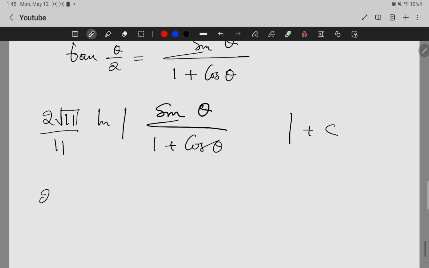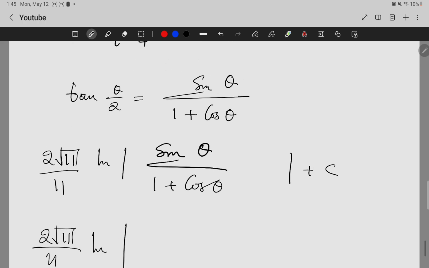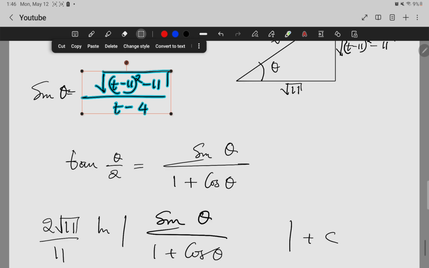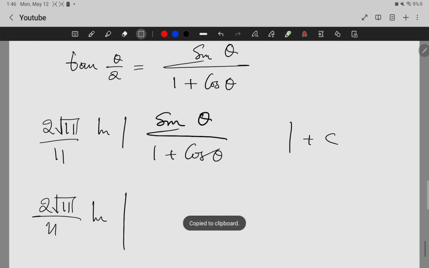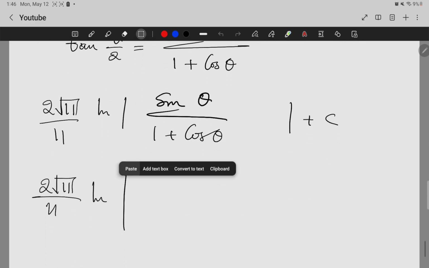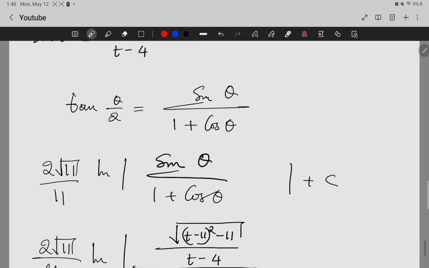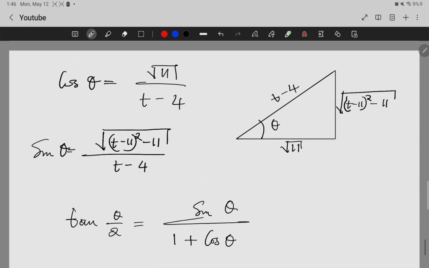And finally, in place of sine theta and cos theta, I will substitute what they are. Sine theta, we have all this. Then over 1 plus, where we have cos theta is this.